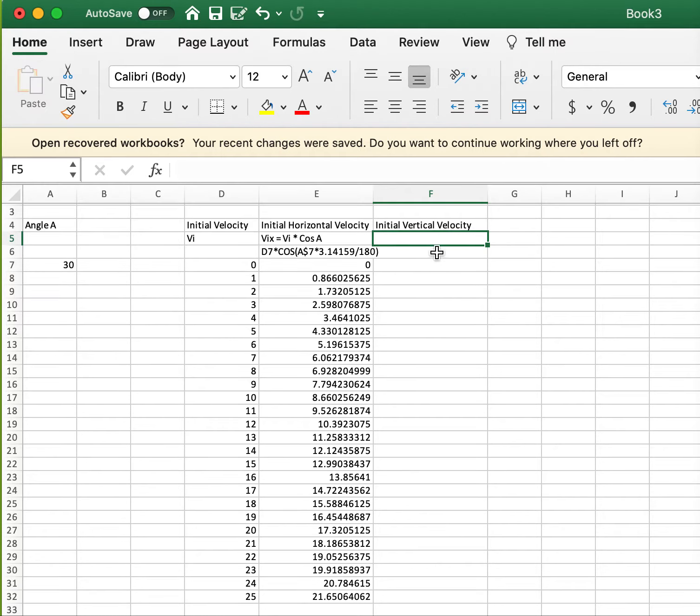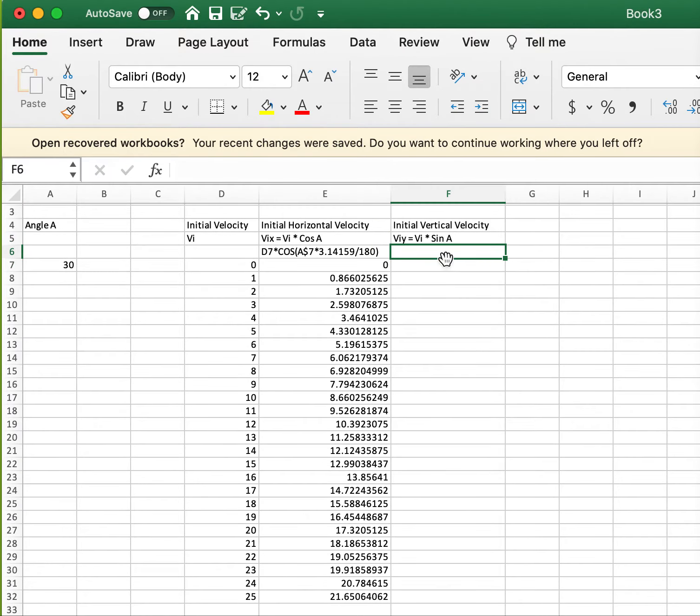I'll do the same thing for the vertical component of the Y. Okay, so let's do D7 times sine of $8.7 times 3.14159 over 180.